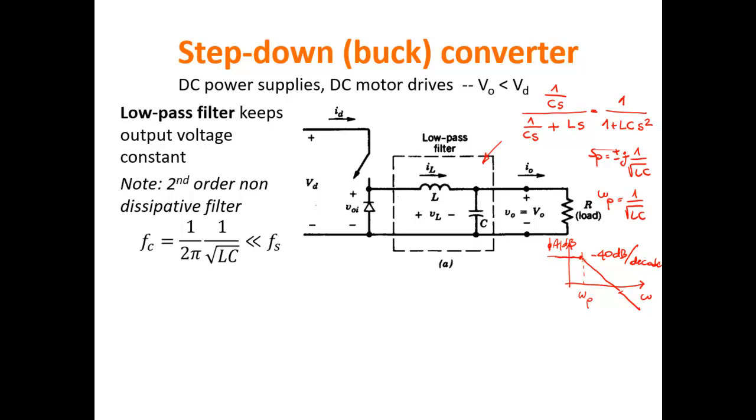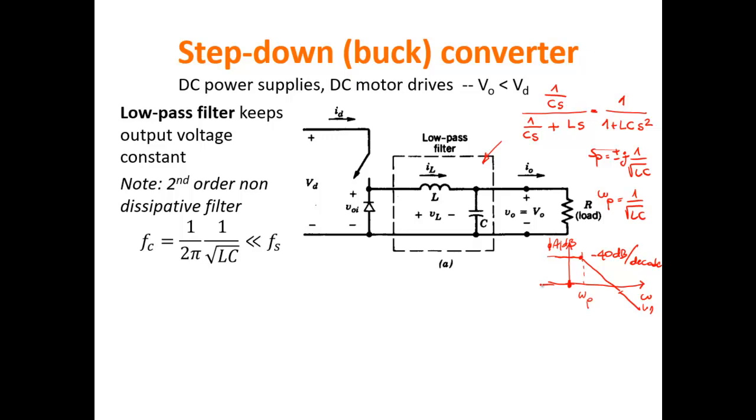And of course if this pole is smaller than the switching frequency, you're going to eliminate all the components at the switching frequency and at the higher order harmonics of the switching frequency. If you consider the rectangular wave that I've shown you before at the output, it would have a DC component. This is a log scale, so the DC component would be at minus infinity.